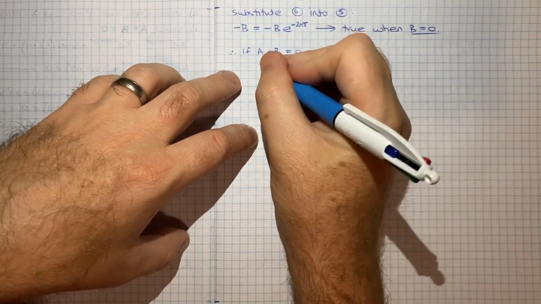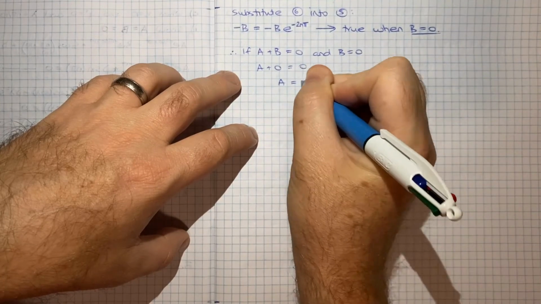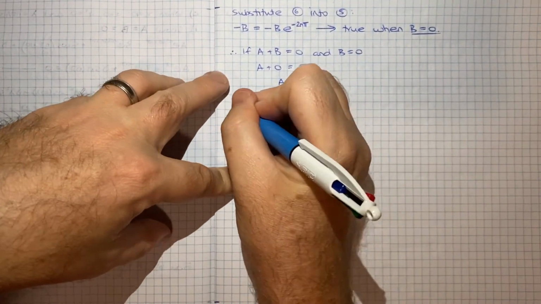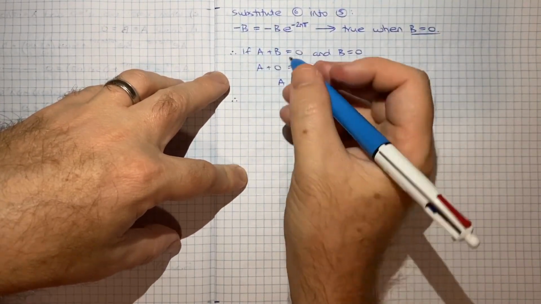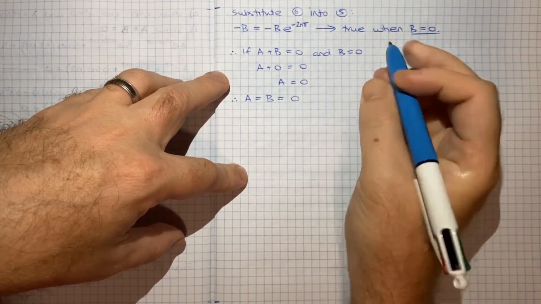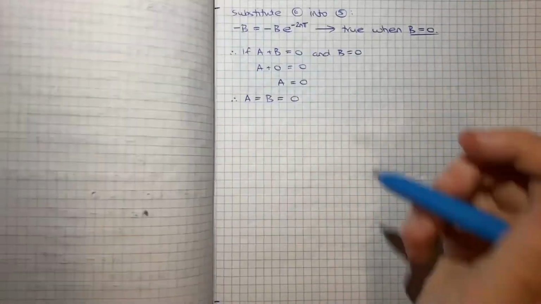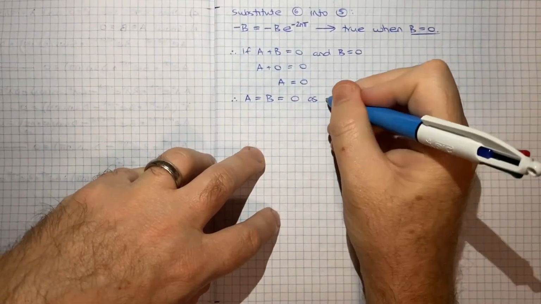So what that would mean is a plus 0 would equal 0, or in other words, a is equal to 0. So therefore, we can conclude that under all these conditions, a will be equal to b, which will be equal to 0, and that's what we were being asked to show. So we could say as required.